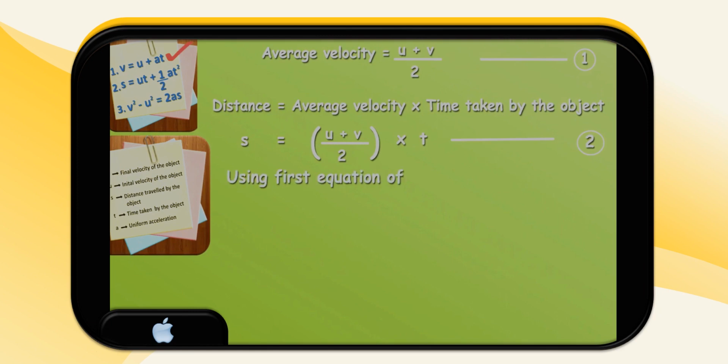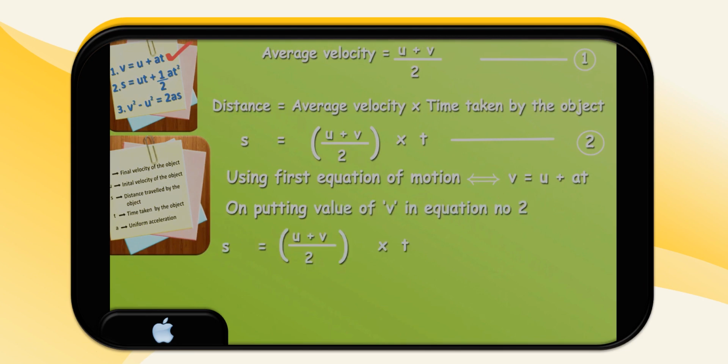Using the first equation of motion, that is v = u + at, on putting the value of v in equation number 2, we get s = ((u + u + at)/2) × t. Now we solve it. On solving, we get (2u + at)/2 into t.